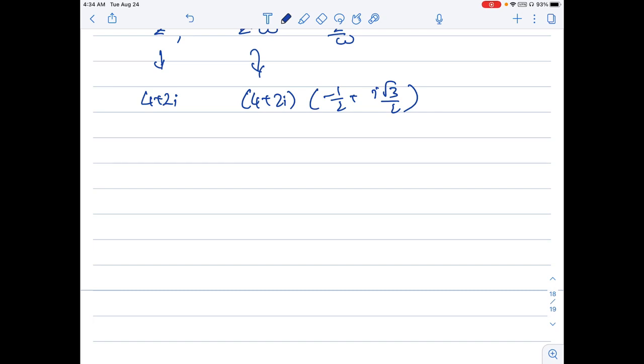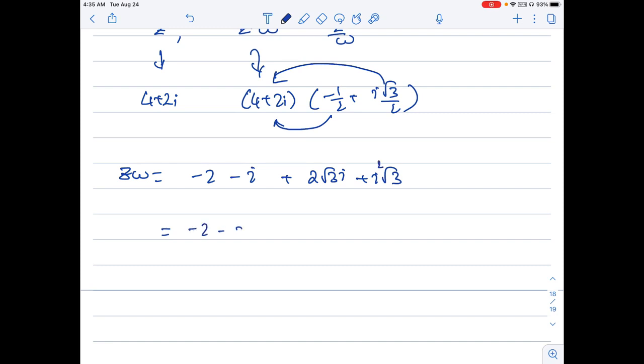So multiply that out. z omega becomes minus 2 minus i plus 2 root 3 i, and now multiply the other term: it becomes, minus 2 root 3 i, no wait, 2 gets cancelled, plus i root 3 i, which is minus root 3.